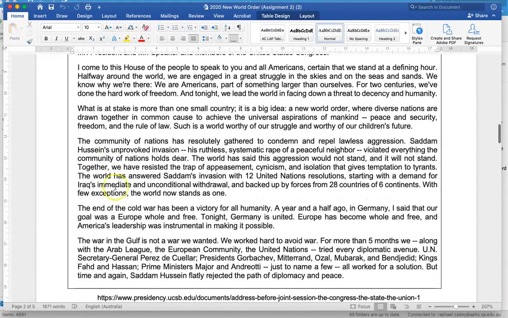You could argue, though, that in some places it does bring together the idea that, unlike in the past, groups of disconnected nations, and I'm seeing here, looking at the bottom paragraph, nations that previously had no allegiance to each other necessarily, no connection, were willing to come together for a cause. Now, the justification of the cause can be argued, but maybe it does mean that nations are more cooperative with each other.